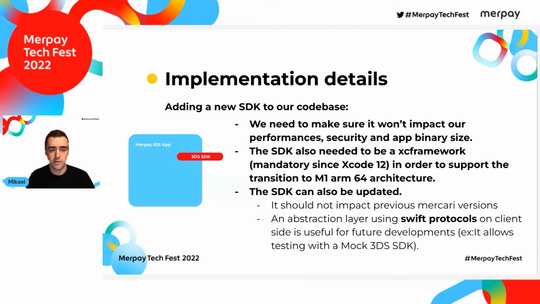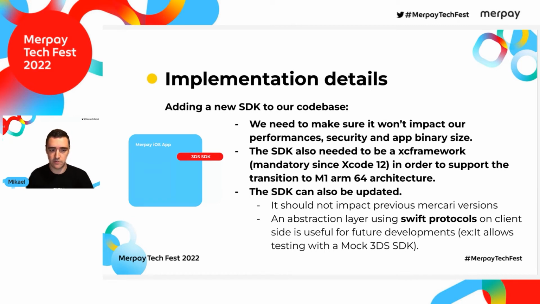So what happens when you add a new SDK to your existing code base? Basically, the Mercari iOS app is a pretty big iOS software. And when we add external frameworks, like in this case the 3DS SDK, we need to make sure it won't impact our performance, security, and app binary size.